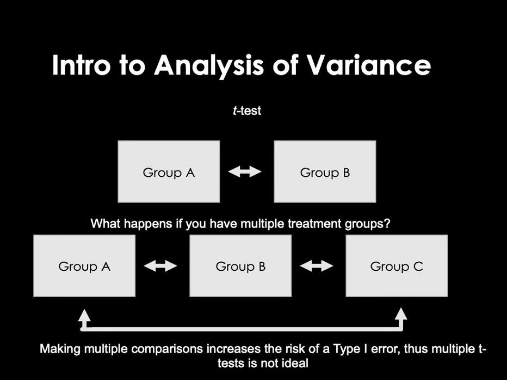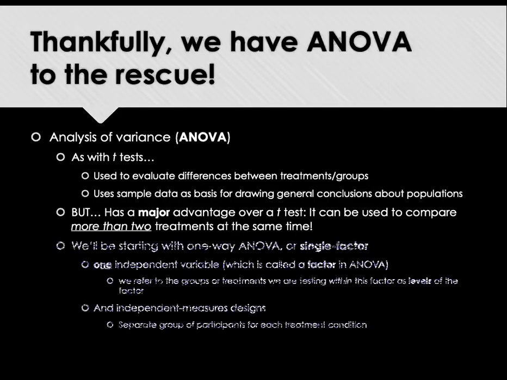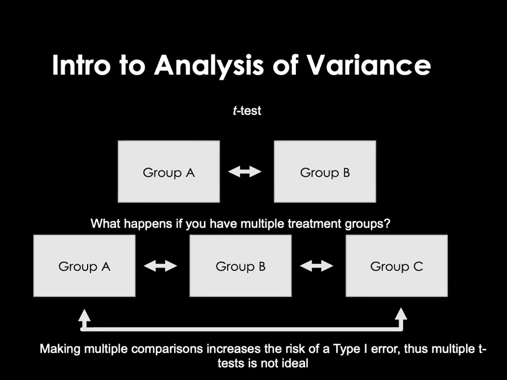And so the problem, if you recall, when you're using a t-test to compare two groups, you do have a possibility of committing a type 1 error, right? And so in this first scenario up here with group A and group B, excuse me, let's go back here.